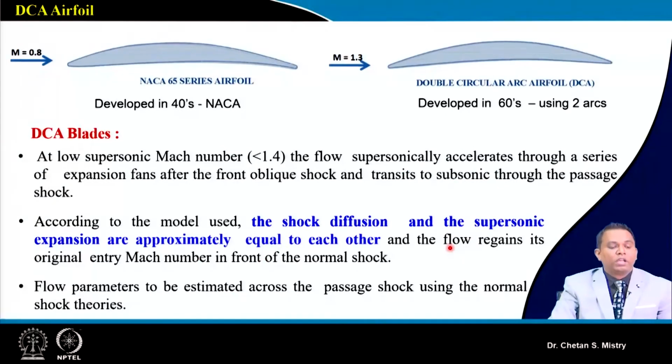Now here in this case, we already have discussed the NACA 65 aerofoil. This NACA 65 aerofoil was developed by NASA during the 40s, and later on was used for slightly high subsonic flow, maybe in the range of 0.8.